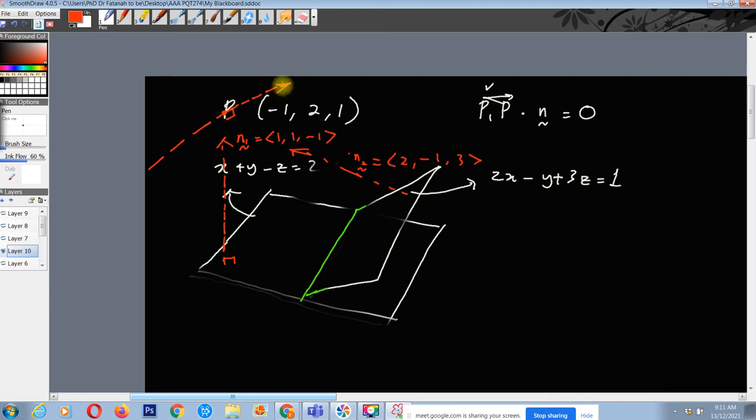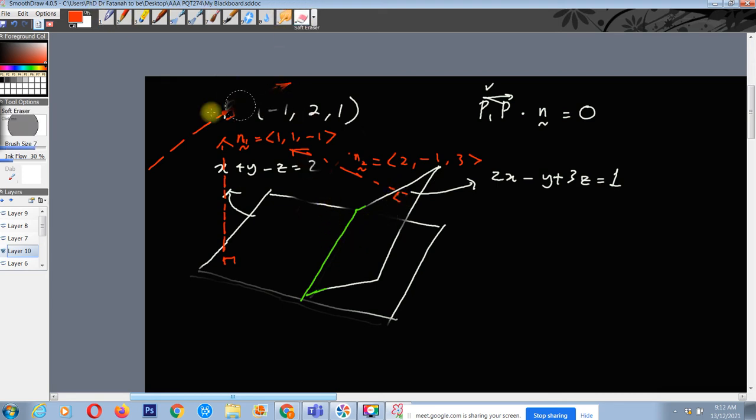So this line is parallel to this normal, the green one. The line of x plus y minus z equals 2 is the same as the normal, right? This plane has this normal, which is perpendicular to it.